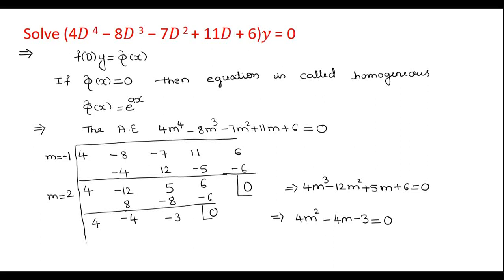So we'll find the roots of this quadratic equation, 4m^2 - 4m - 3 = 0. 4 into 3 is 12. Factorize 12 so that we get -4: 6 times 2 is 12, and 6 minus 2 is 4.